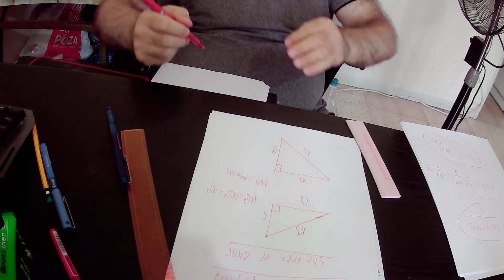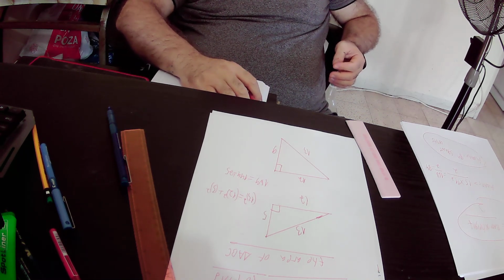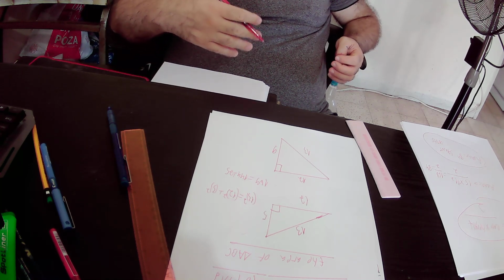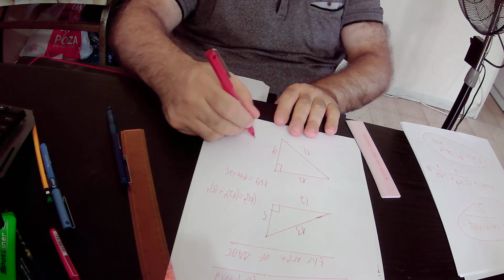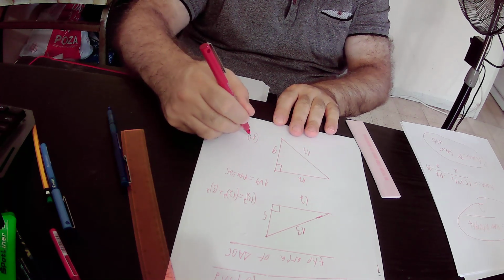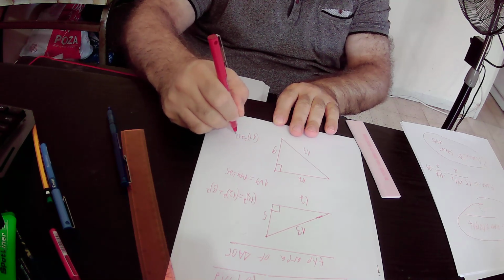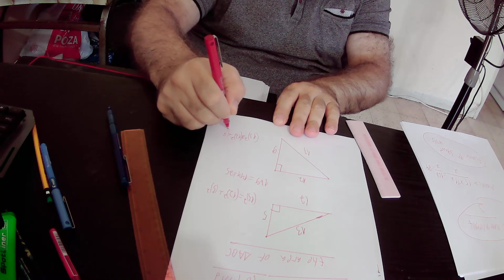And we will also prove that this is a right triangle by showing that it obeys the Pythagorean theorem, that 13 squared equals 12 squared plus 9 squared.